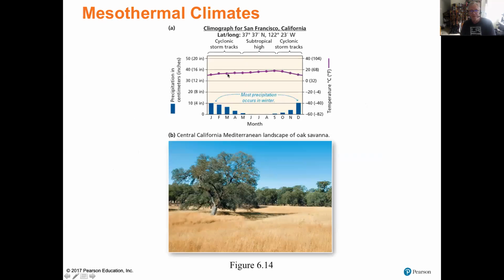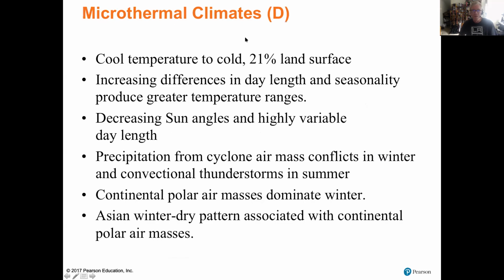So you get a fairly low temperature range. Notice dry summers and moister winters, and you'll see this in Central California. Notice you're further higher up in latitude. Okay, so let me stop here and then we'll do microthermals on the next part, okay?